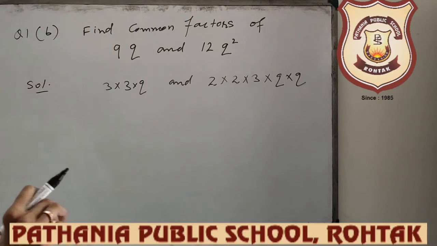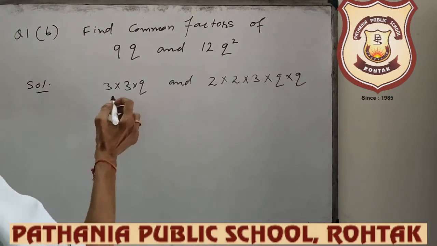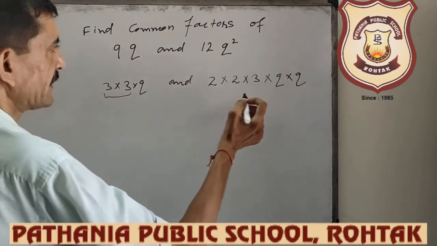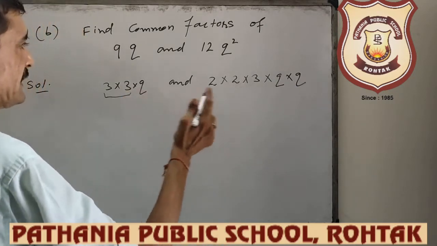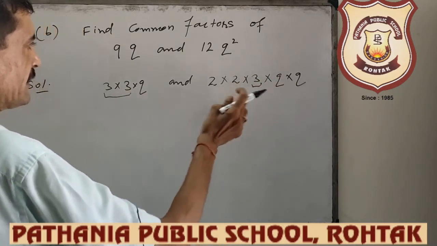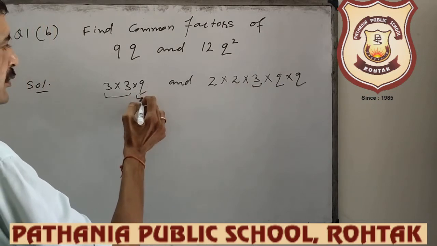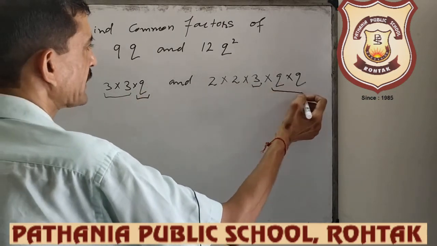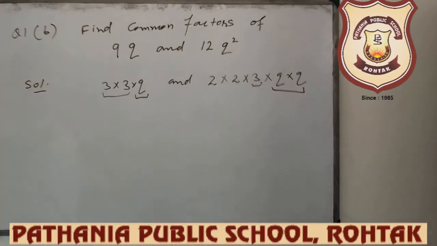The minimum power is common. Just like 3 and 3 are there in one, but in the other only one 3 is there. So one 3 is common, and q is there, 2 q's are there, so one q is common.